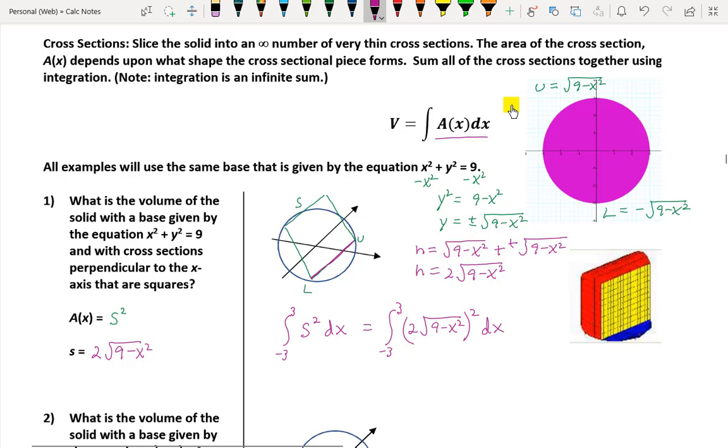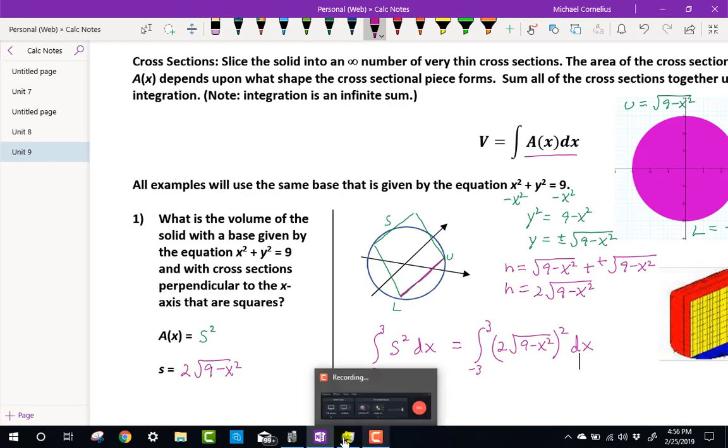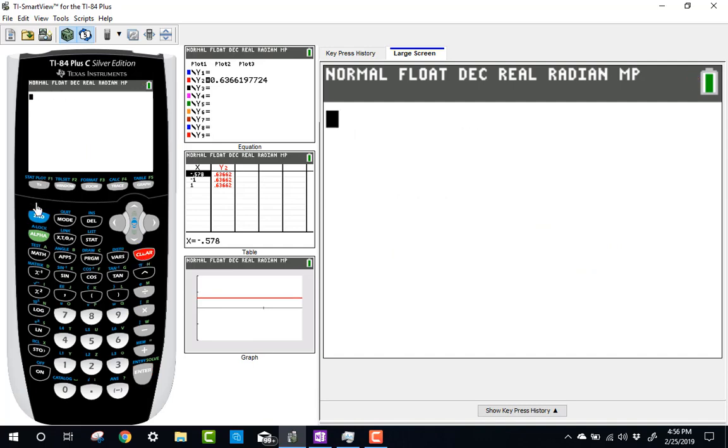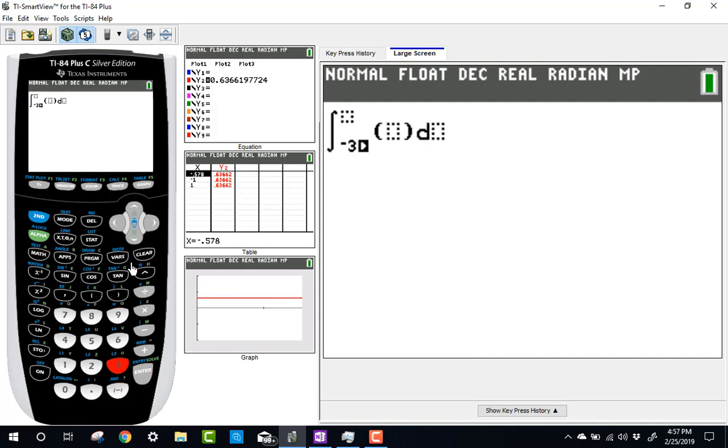We could probably do this one by hand because the squaring on there is not a big deal, but we're going to go ahead and pull out the calculator and see what it spits out, to get a little more practice. We'll clear this out and hit our math 9 again here. We're going from -3 to 3, and we need some parentheses in here.